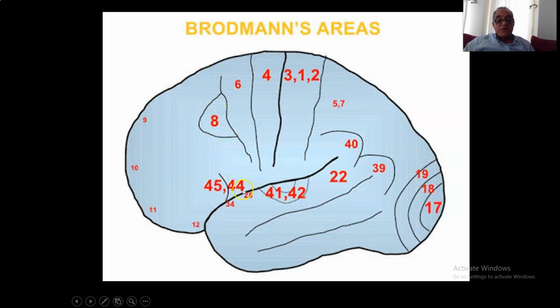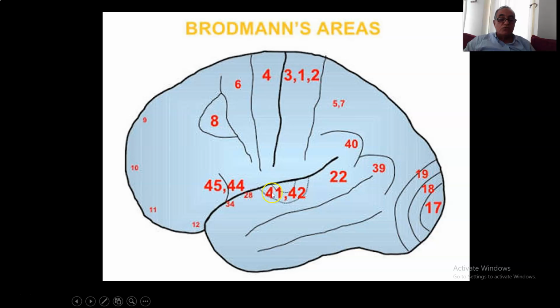And then you get a very, very important area, area 44 or area 45-44, which is in the posterior part of the inferior frontal gyrus, and this area is Broca's area, which is concerned with speech. And then in the temporal lobe, you will get two areas.